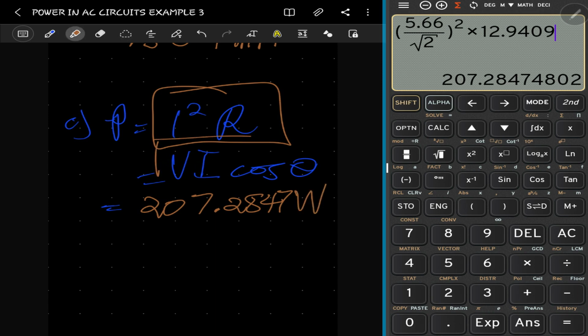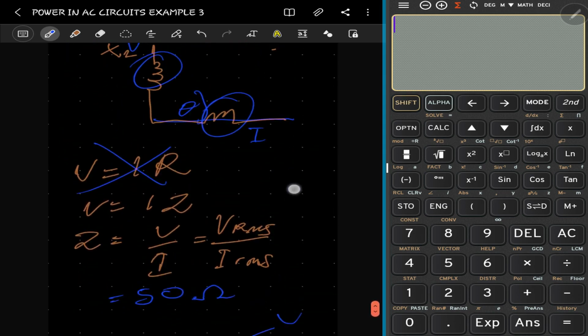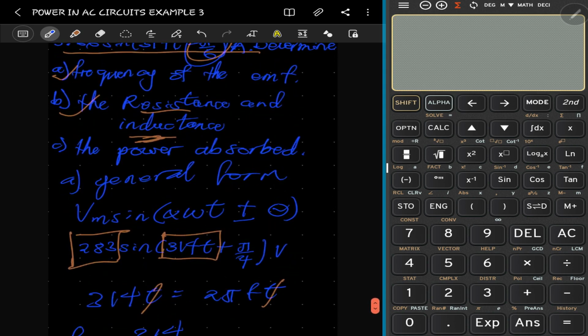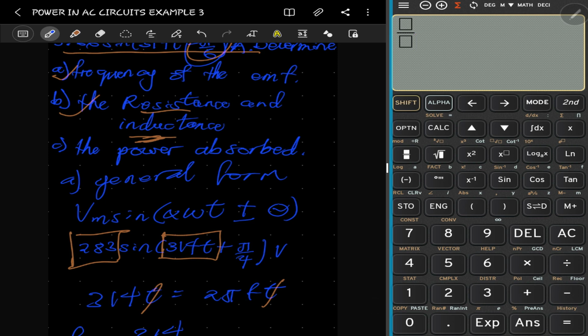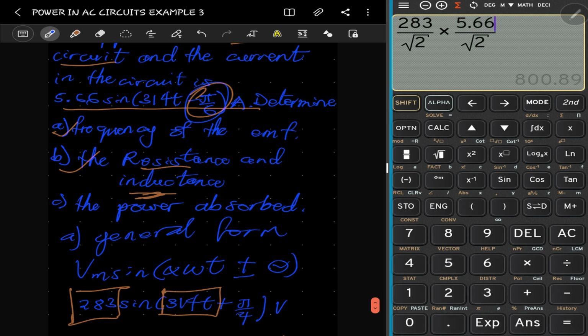Right? So now let's try this other one. We get the same thing. So the voltage RMS value is 283 on root 2, and the current is 5.66 on root 2, another sinusoidal quantity.